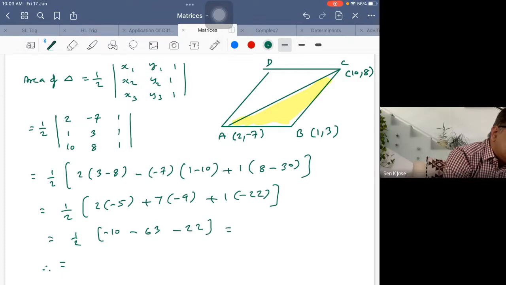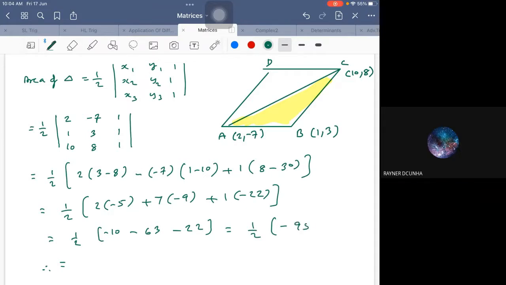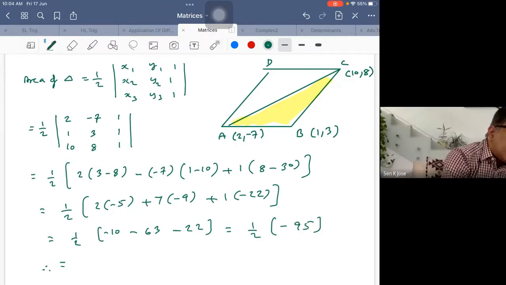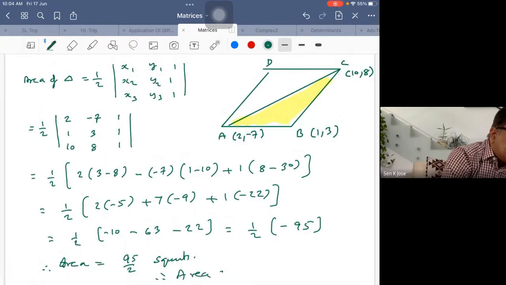So that will give me half into negative 95. So I'll say area is equal to 95 by 2 square units for the triangle. Therefore, area of the parallelogram will be double of it, 95 square units.